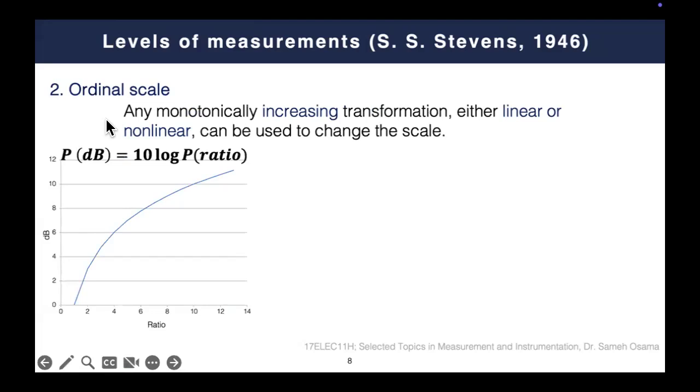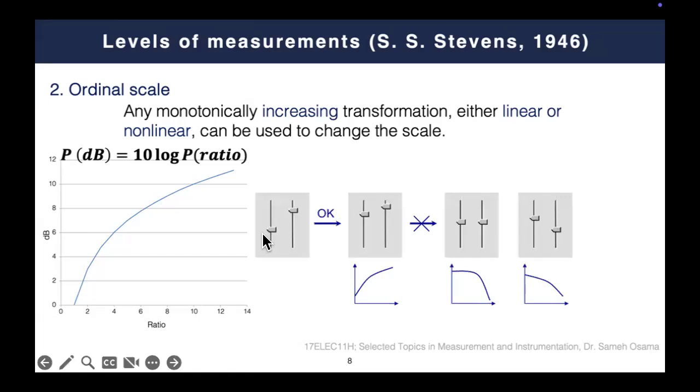If you have a power in watts and you need to convert it into decibels, I think you already know that the power in dB is simply 10 log of the power ratio. Now you are creating a conversion between a linear scale, which is the power, and a logarithmic scale, which is the dB scale.